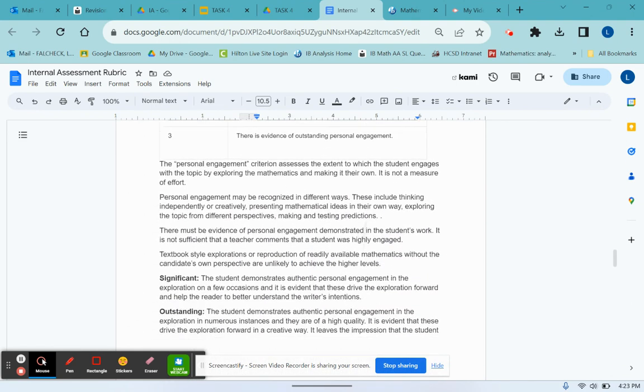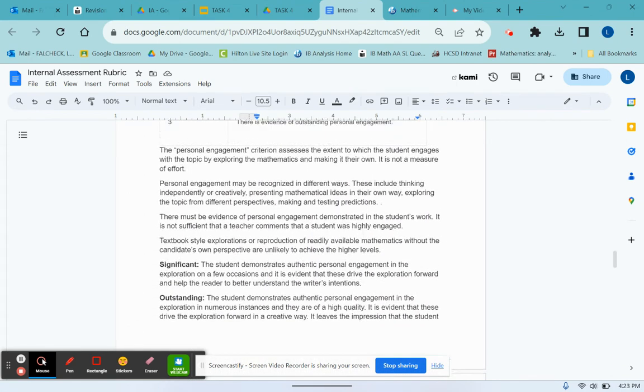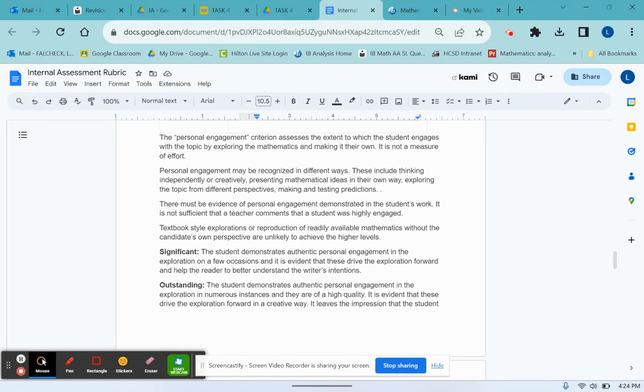The rubric does distinguish between significant and outstanding personal engagement. Significant personal engagement is when the student demonstrates authentic personal engagement in the exploration on a few occasions, and it's evident that these drive the exploration forward. So, let's say you're designing an experiment and you find that the length of string that you're using is inappropriate, and you have a picture of the way that the string wasn't hitting where you needed it to hit on your pendulum, and then you made a new pendulum and the string was more appropriate now.